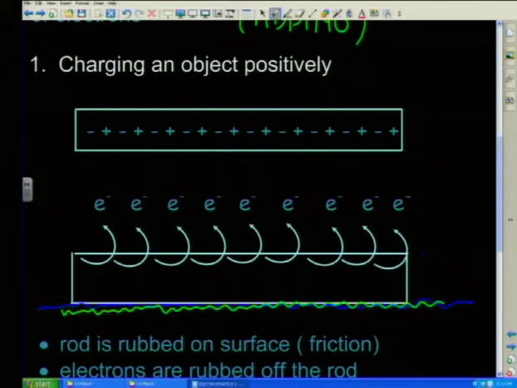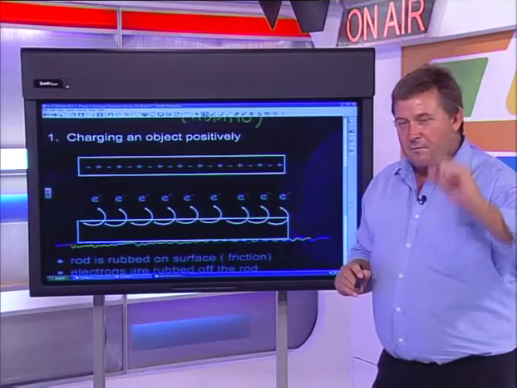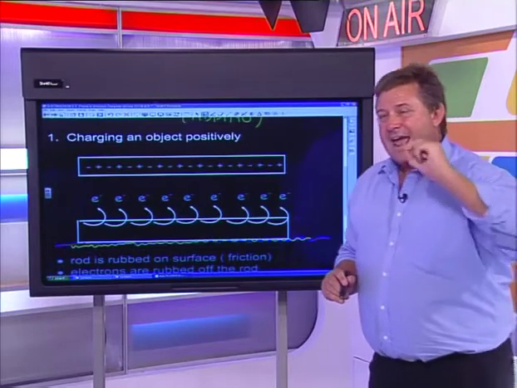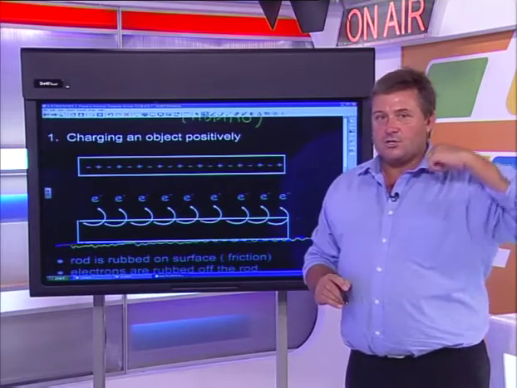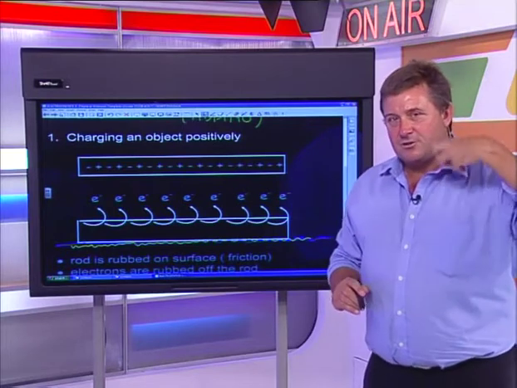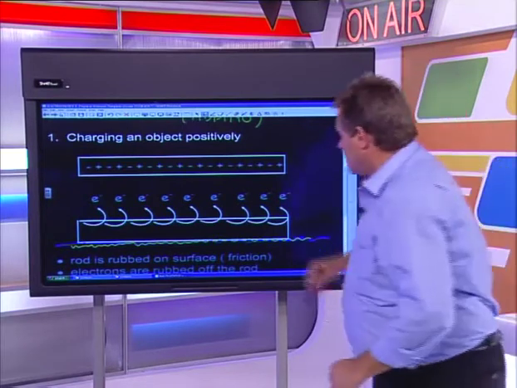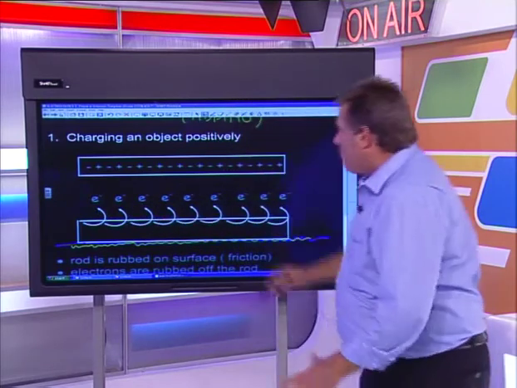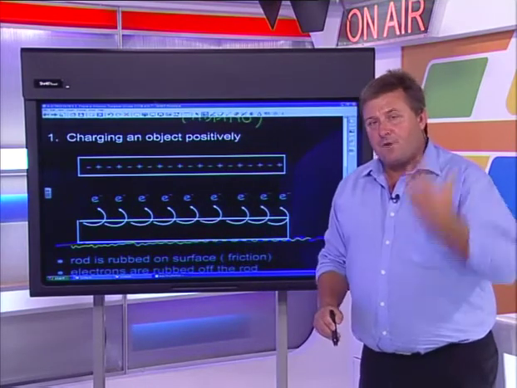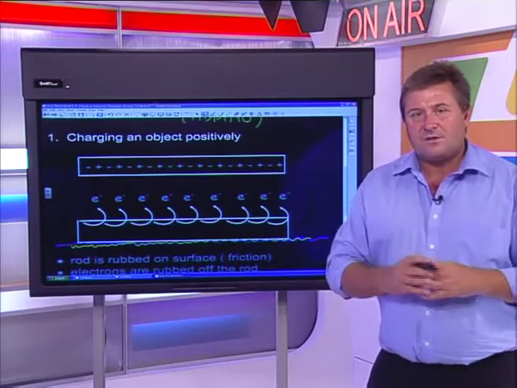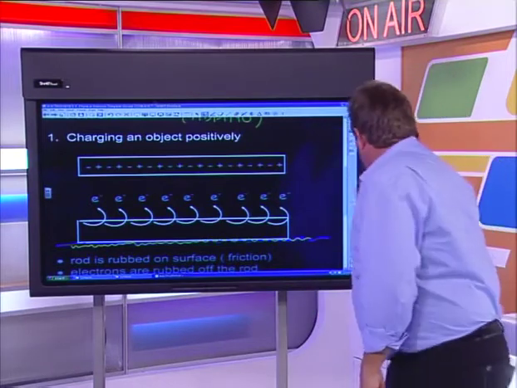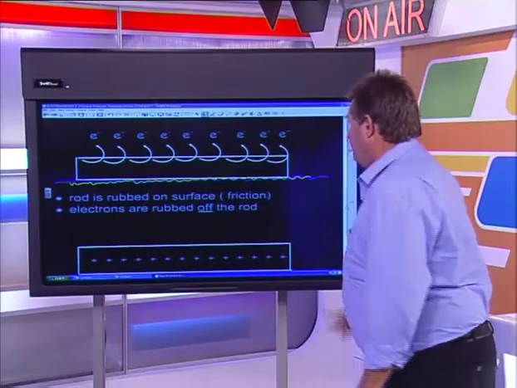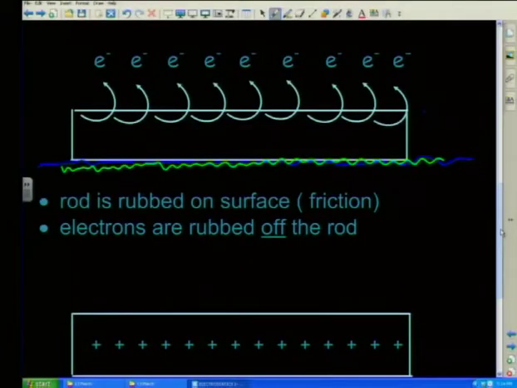Now, if I'm going to charge it up positively, remember what I just said? We have to now rub electrons off. We take electrons away from that object. So what I'm showing over here is electrons now being removed from that object due to the process of friction. I've put over here, the rod is rubbed on the surface and electrons are rubbed off the rod.